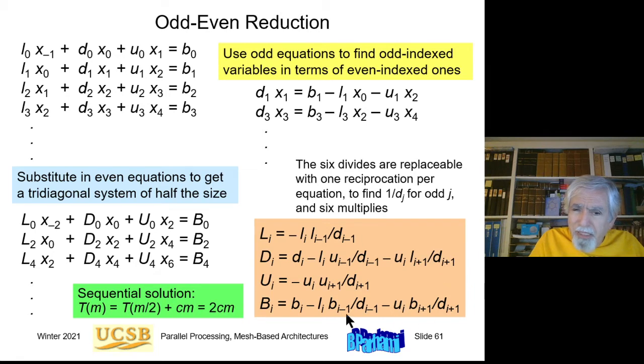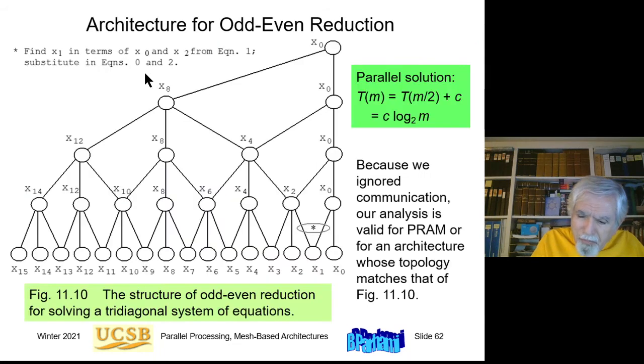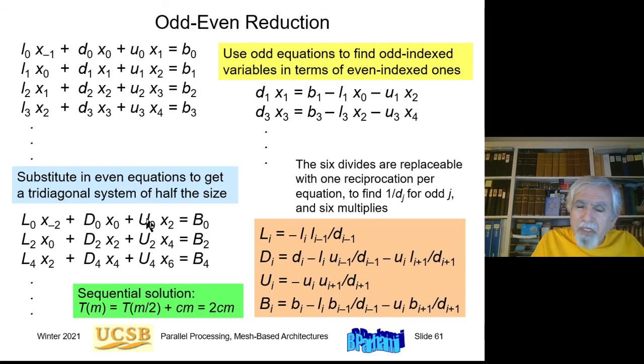So let's say a dozen or so arithmetic operations per equation are needed to compute these new coefficients, and therefore reduce the original system of m equations into a system of m over 2 equations. And then we do this recursively until we get to a single equation in one variable.